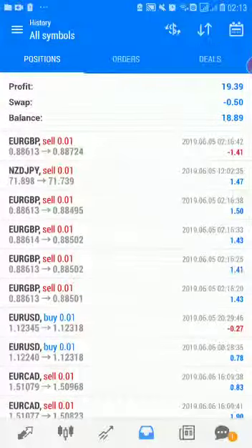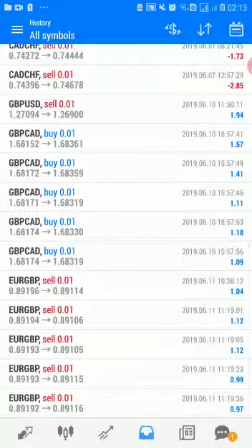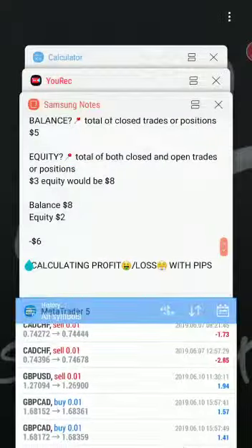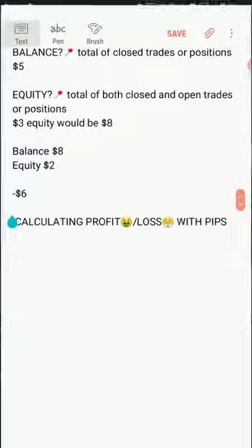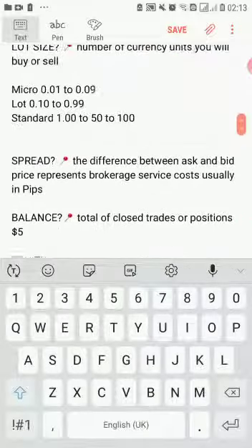So let's do this. Back to the lot sizes here. We said a micro lot is at 0.01, but for now, let me just put it at a simple thing.